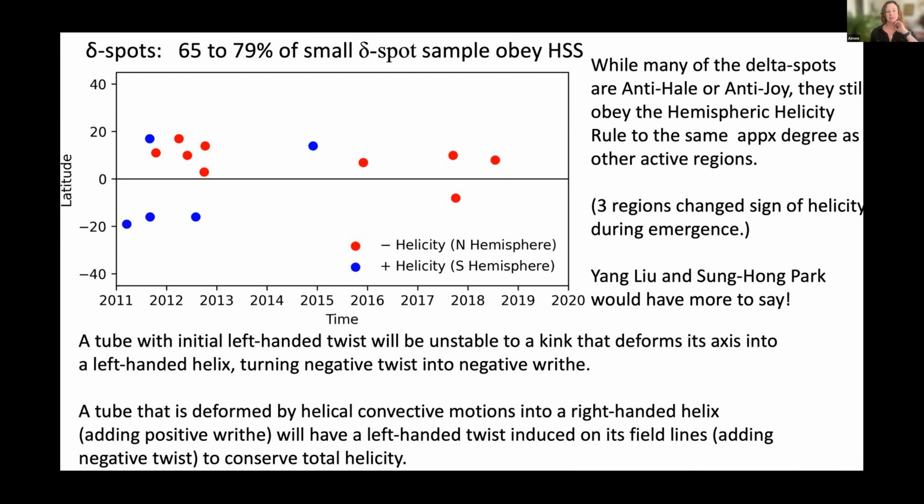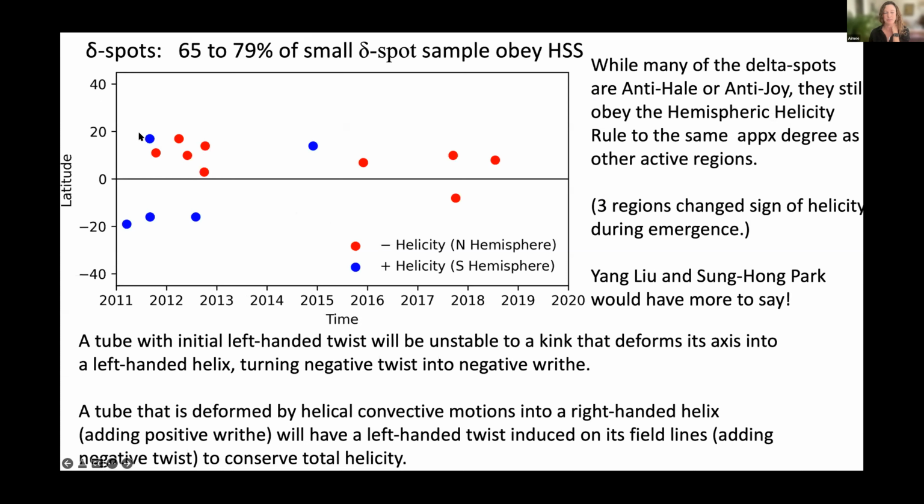So with the helicity catalog, just recently I've looked at some of the small samples of the delta spots. This is latitude versus time, with the red being the helicity you would expect in the northern hemisphere, and the blue being the helicity you would expect in the southern hemisphere.